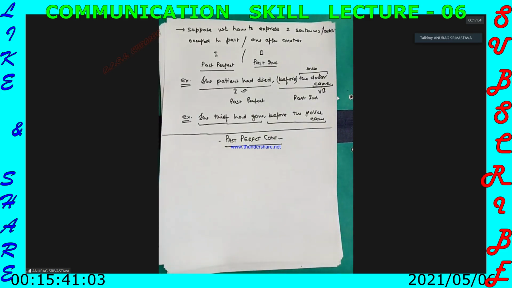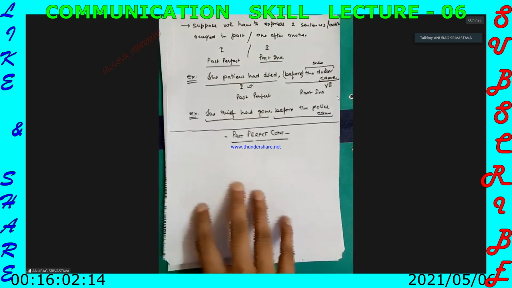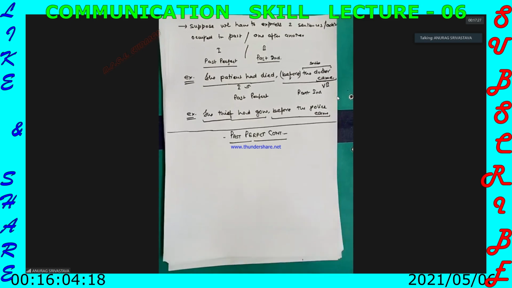Look here, it is past perfect continuous tense, and this type of tense is used to express an action that started in the past, continued for a period of time, and finished in the past. We will show this type of action that started in the past, went on for a while, and then ended in the past. Okay, this type of action will be represented with the help of past perfect continuous tense.